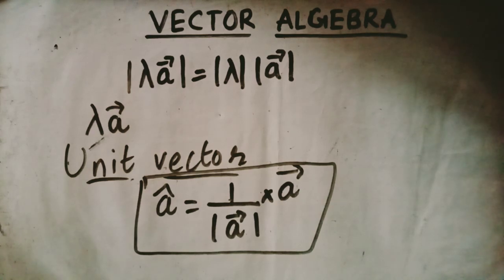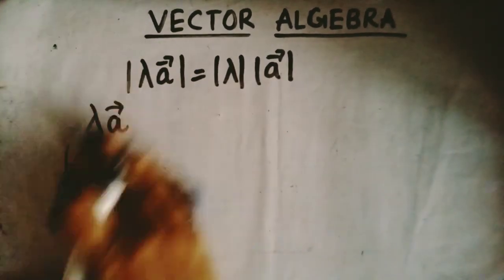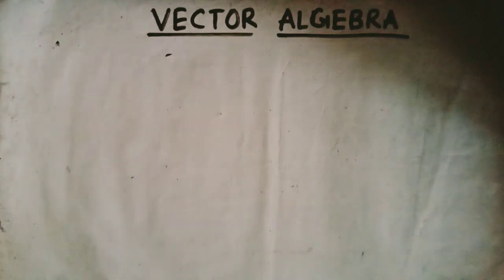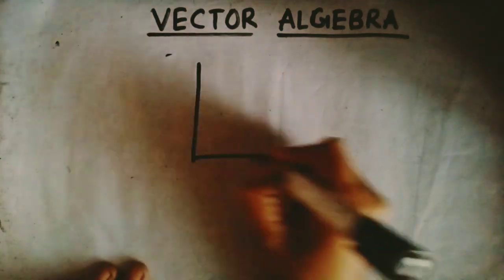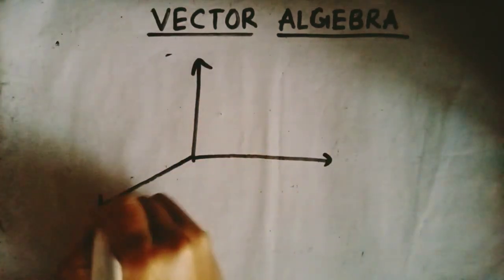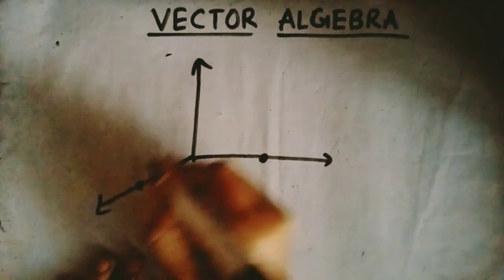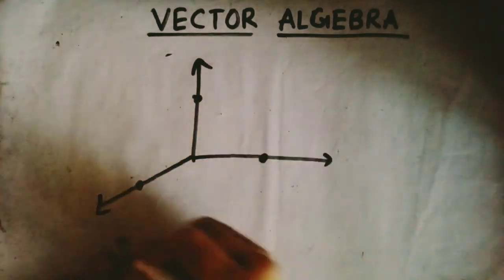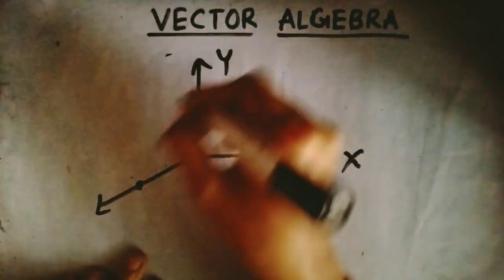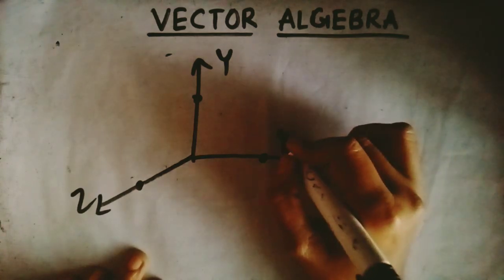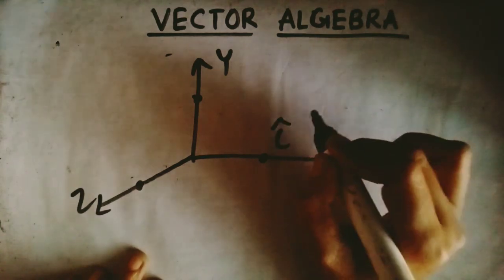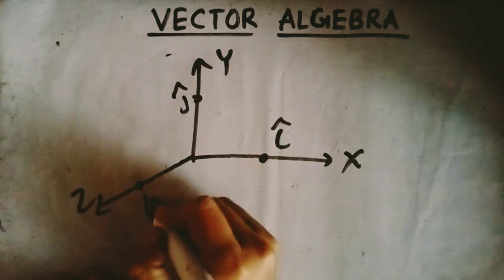So next is components of a vector. This we have actually done in the previous video. Components of a vector, that is, we have i, j, k components, right? So this point and this point. So if you have x, y and z, then here it is represented by i, j and k.